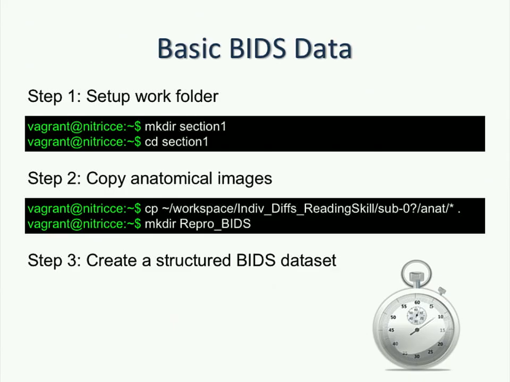So this is the first exercise. We have a little bit of time to do this. To copy the data, you can copy from the directory where we've downloaded it, the sub-0 question mark. The question mark will match any number or letter, so you'll end up with 9 anatomical scans in your section 1 directory.